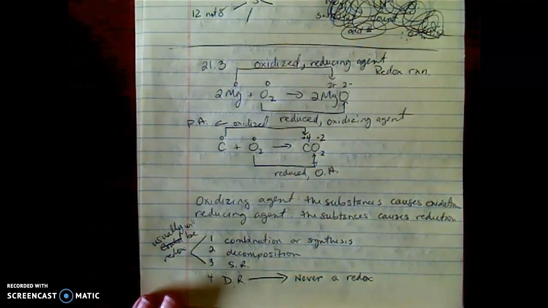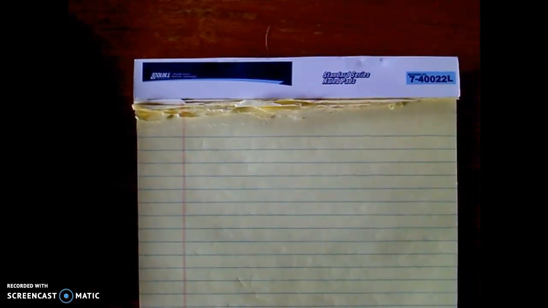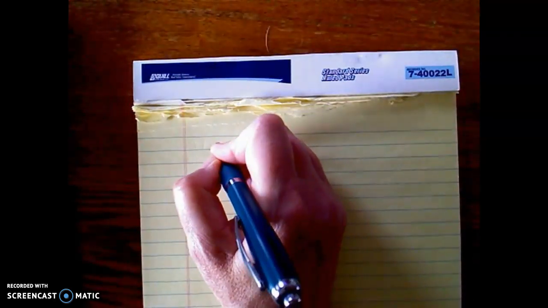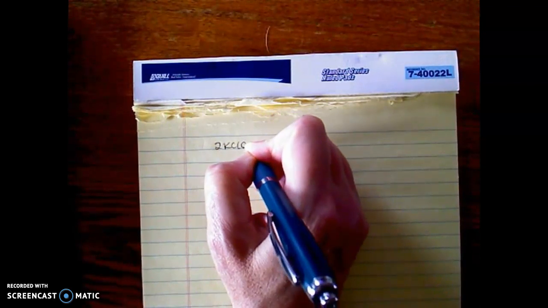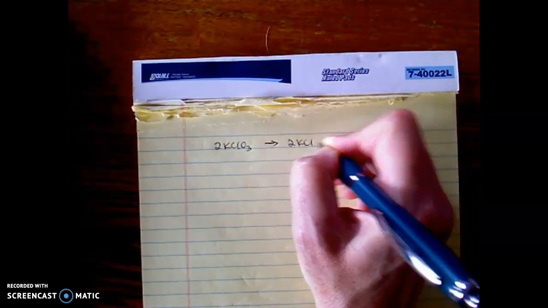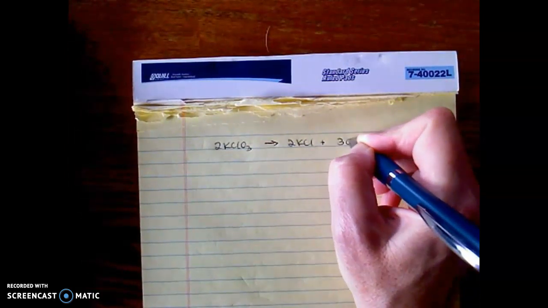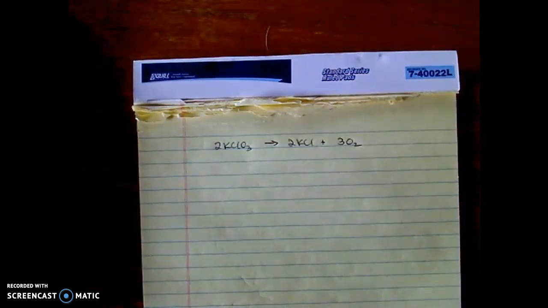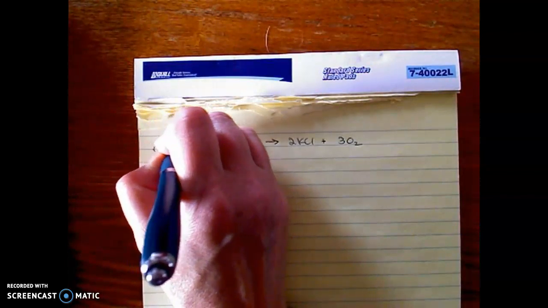All right, let's take a closer look at a harder one, because so far we've started with 0, and it's been easy to determine if it's going to be a redox reaction or not. Let's take a look at this one. 2KClO3 decomposes to 2KCl plus 3O2. So it is decomposition, so it should be a redox.